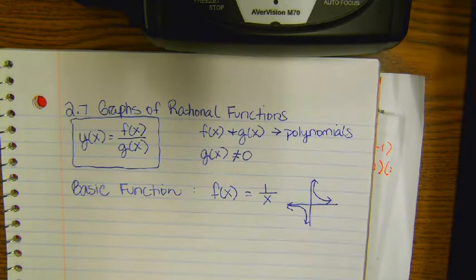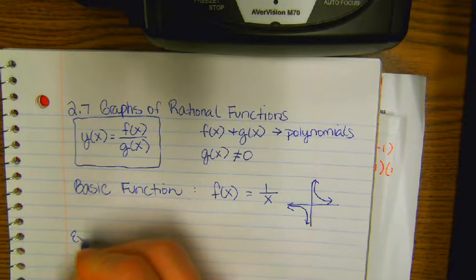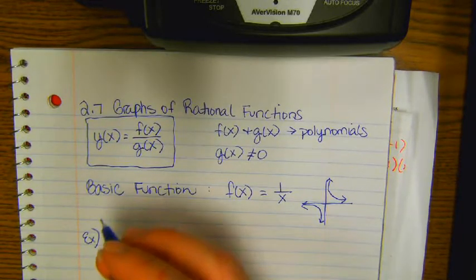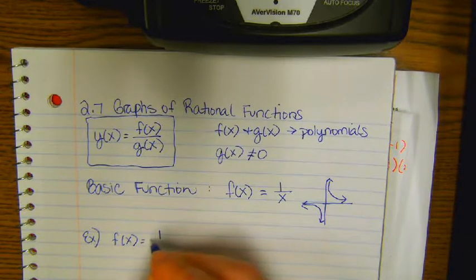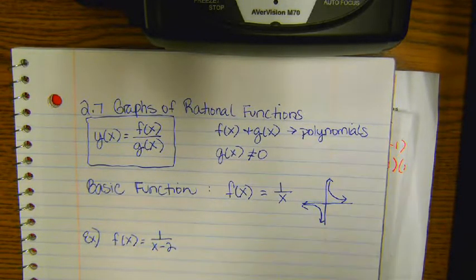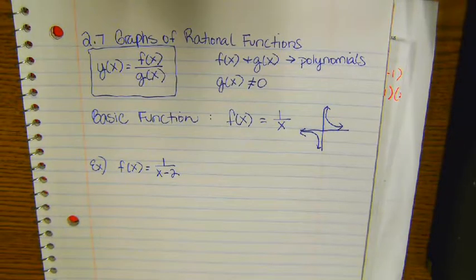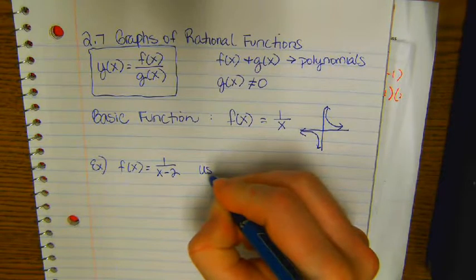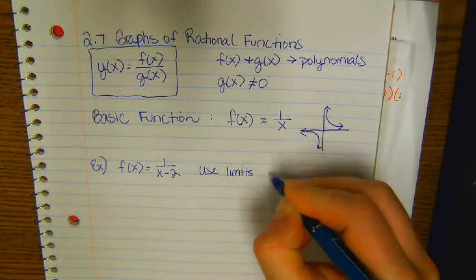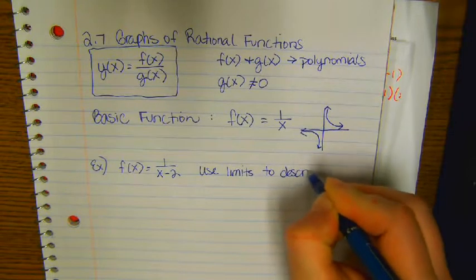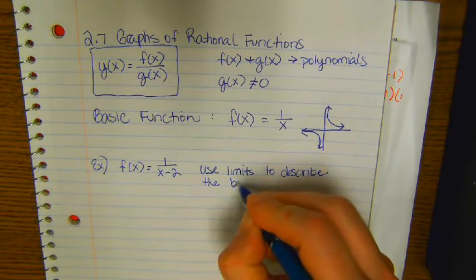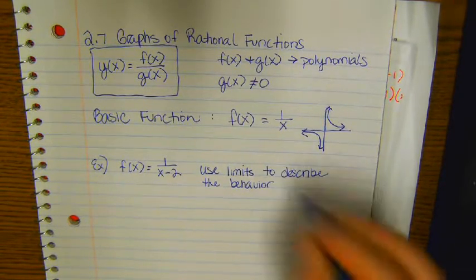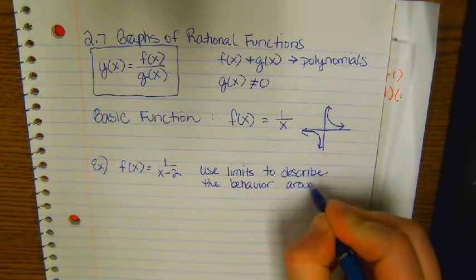So let's take a pretty simple one, and the function I'm going to give you is f of x equals 1 over x minus 2. We are going to use limits to describe the behavior around the vertical asymptote.